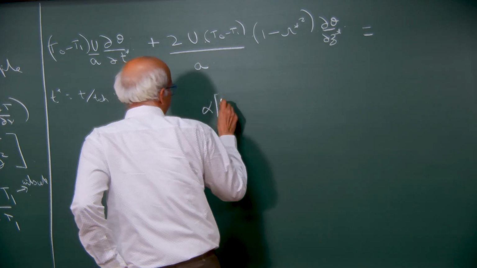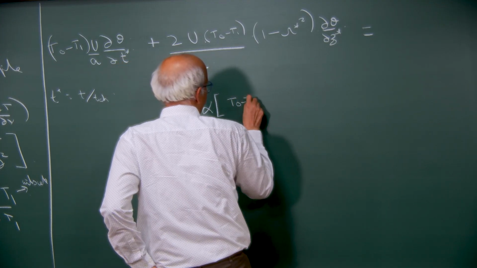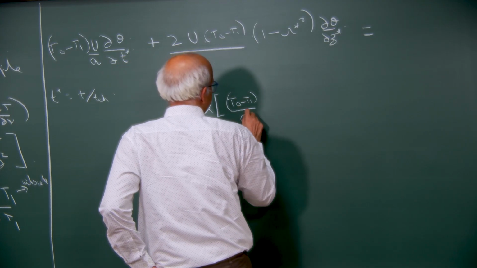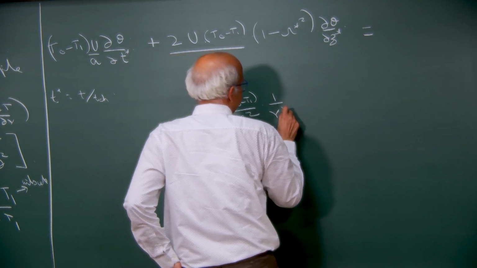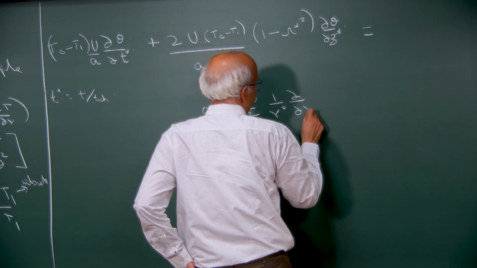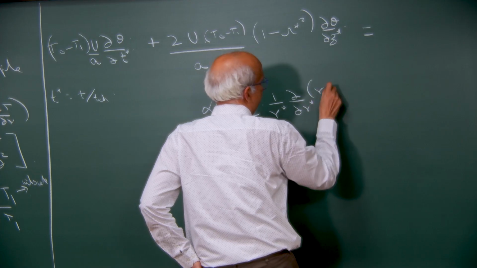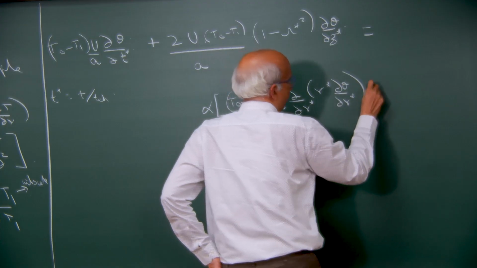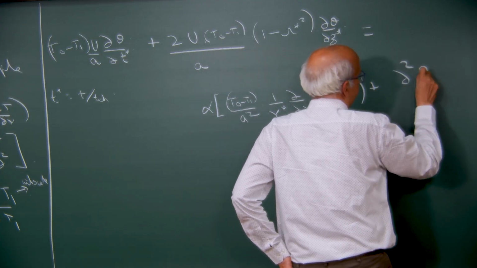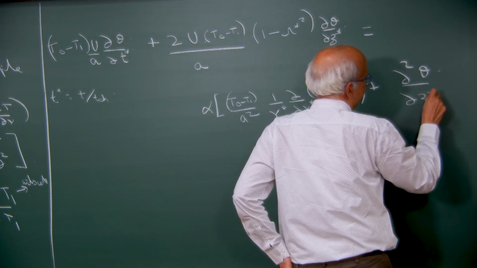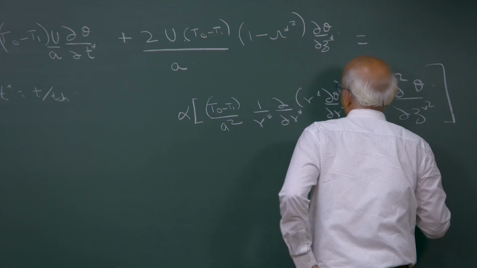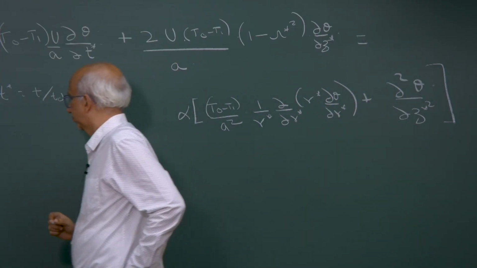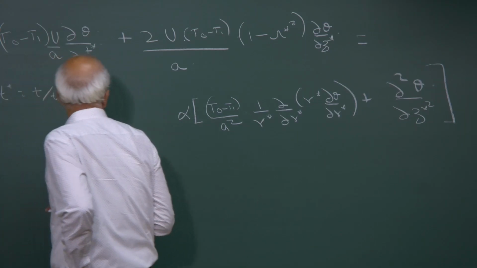So, I am going to take out (T naught minus T1) by A squared times 1 by r star d by d r star of r star d theta by d r star, plus d squared theta by d z star squared. Okay. What have I done?